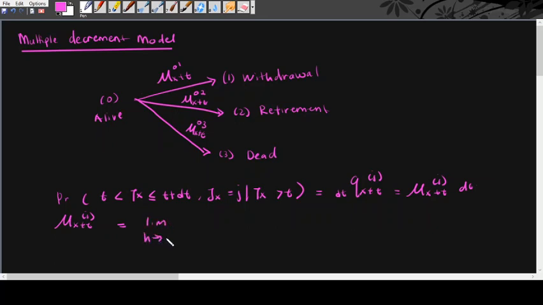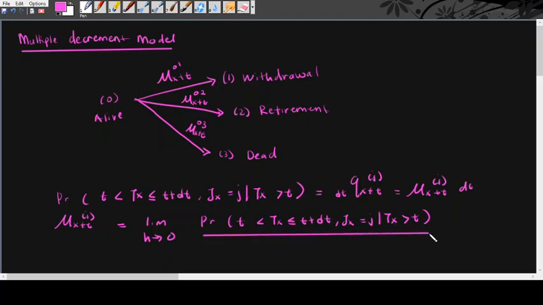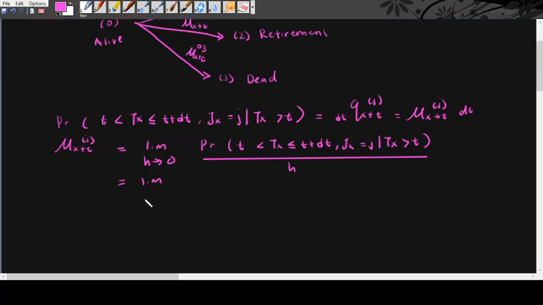limit as h approaches 0 of probability of Tx is in between t and t plus dt for any cause j, equals to limit h approaching 0 of h qx plus t j over h.